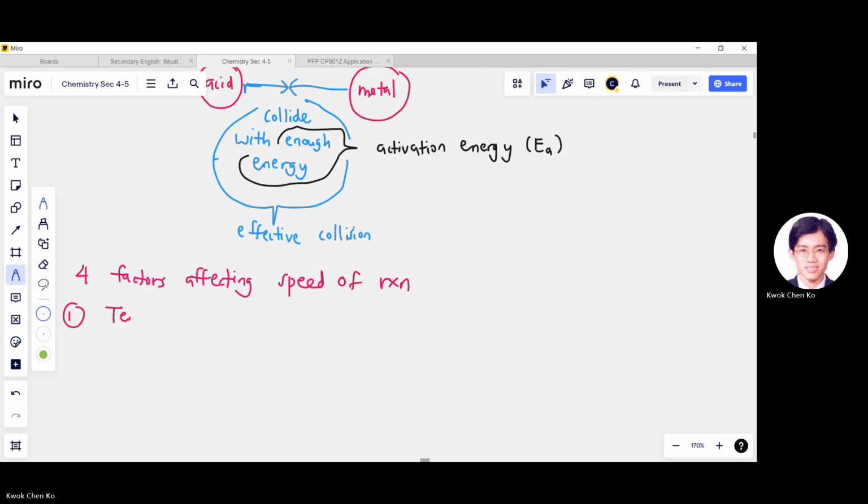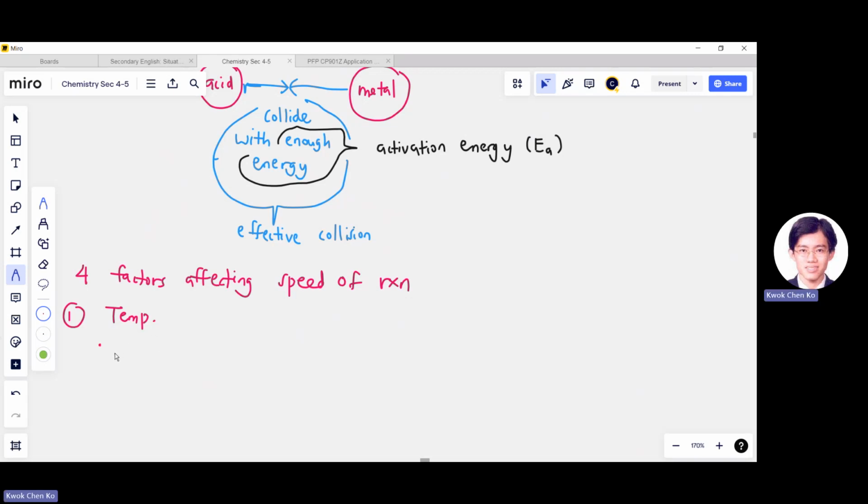Temperature. Heat and temperature are different. You should know better since you study physics.